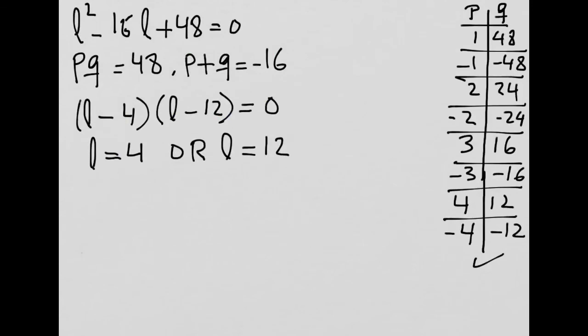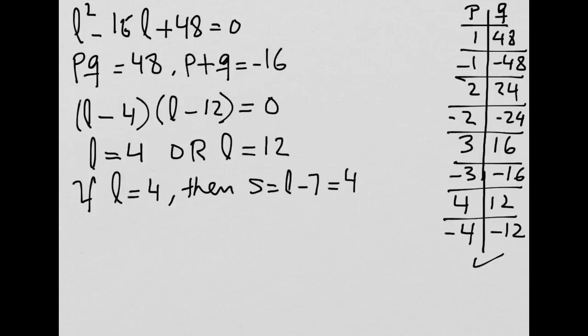So if L is 4, then S would be L minus 7, which is 4 minus 7, which is negative 3. And that's impossible, because S represents a side length and it cannot be negative.